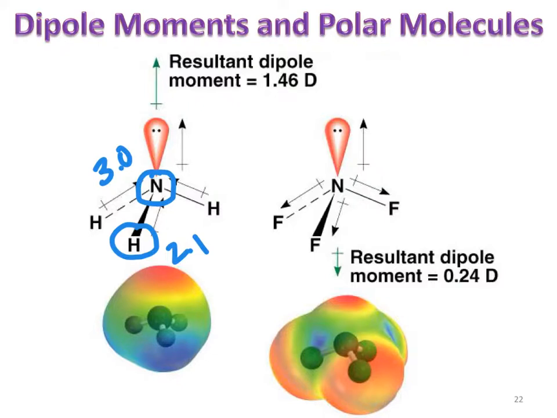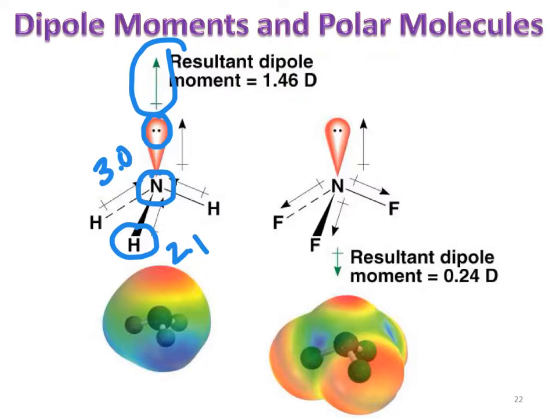The other thing that we have is this lone pair. Lone pairs also pull electron density towards them and give us another dipole, which contributes even more to the result, which is a 1.46 dipole. Is that a big one? Yeah, that's a fairly substantial dipole.